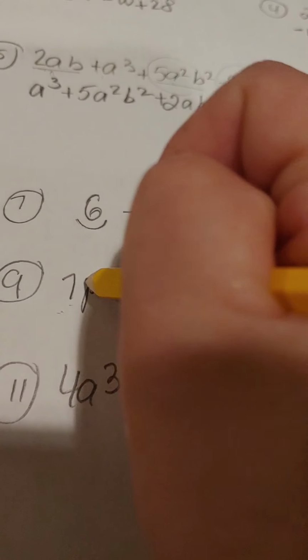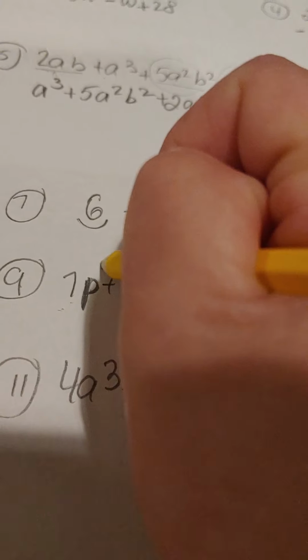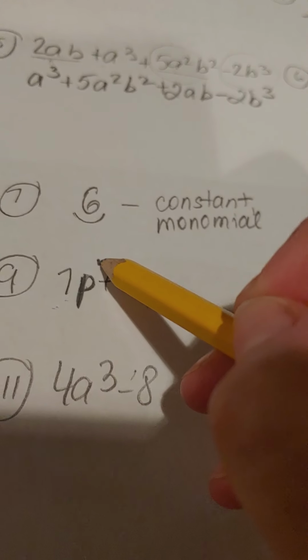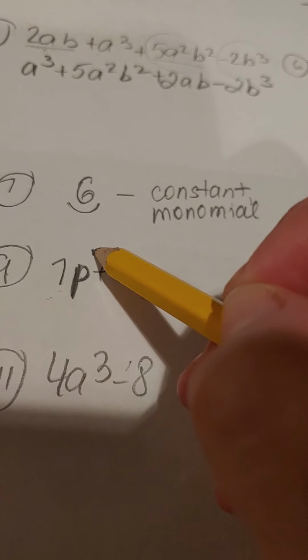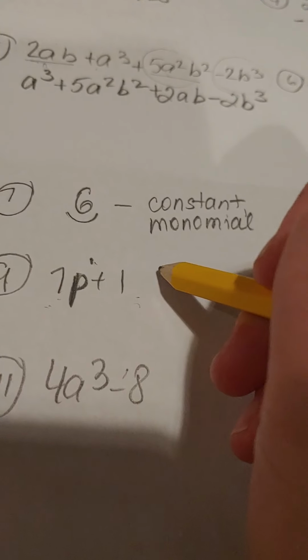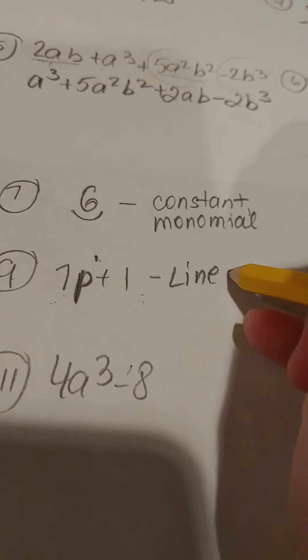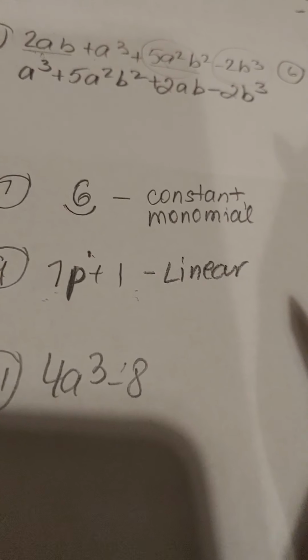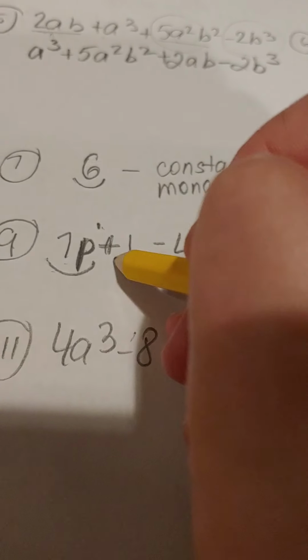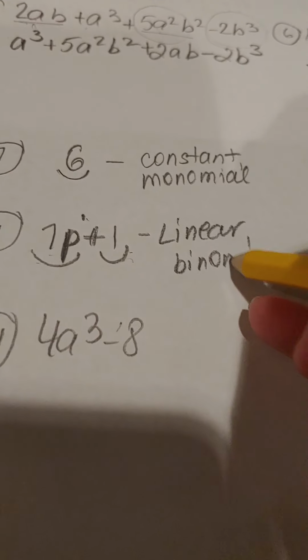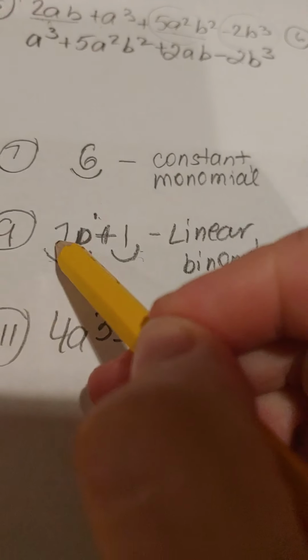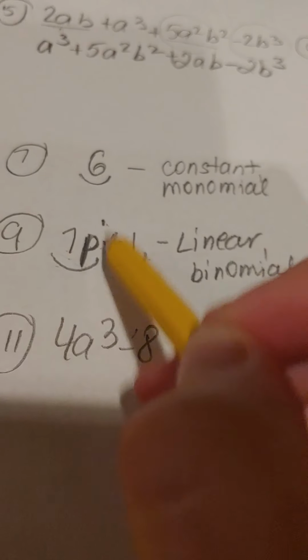Here we have a variable, and variable has first power, so it's p to the first power. Once we're dealing with the first power variable, we're talking about a linear polynomial. So it's linear, and then let's count how many terms. 1, 2. So binomial. Again, 7 and p, 7p is one term.